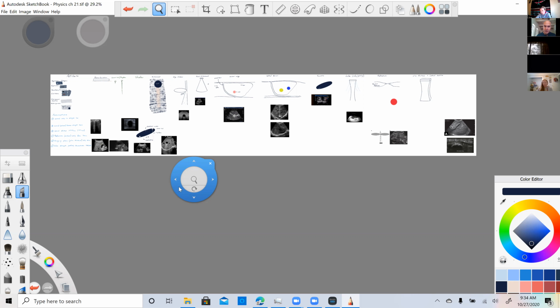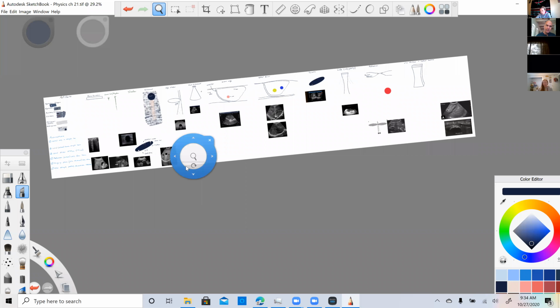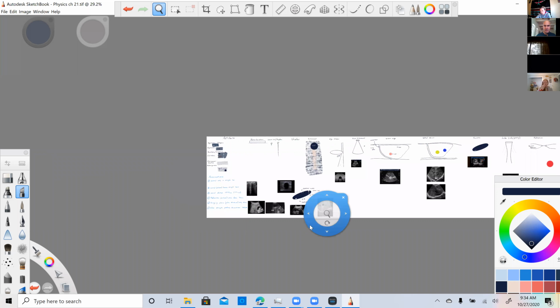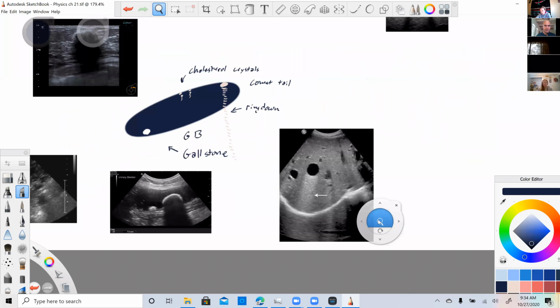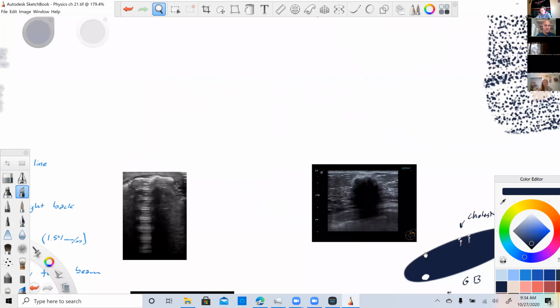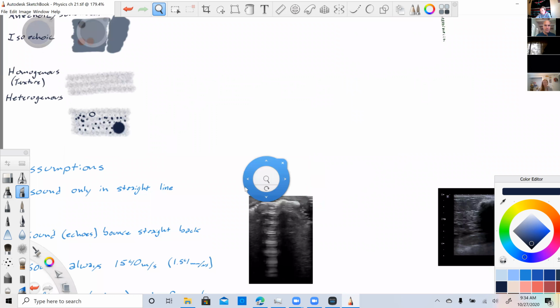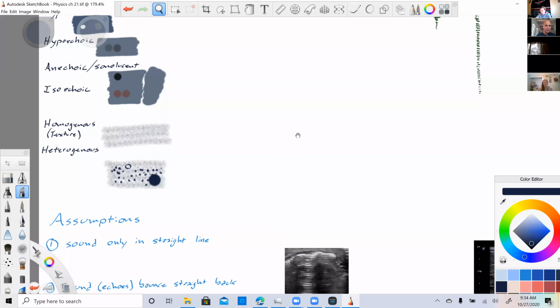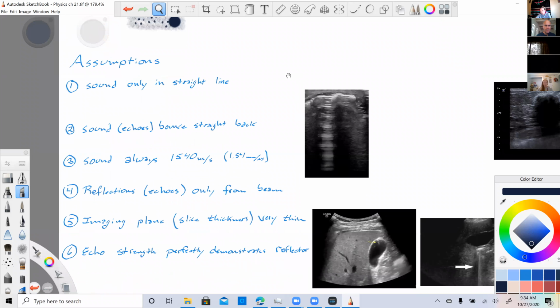So without further ado, let's zoom in on today's stuff. Remember, we don't need to go over hypoechoic, anechoic, isoechoic, homogeneous, and all that stuff.